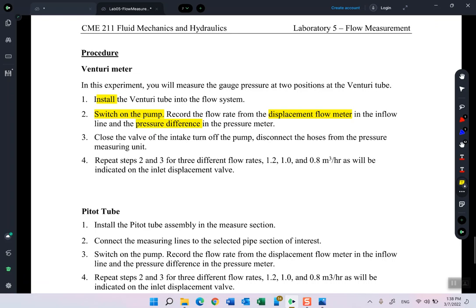Once I do that, I have finished the experiment, but we are going to do that 3 times. For each experiment, we are going to make 3 trials. Each trial will be for a different flow rate. The first trial will be at flow rate 1.2, the second at 1, and the third at 0.8 meter cube per hour. So someone might ask how can I control the flow rate?